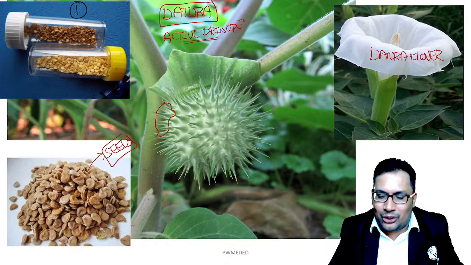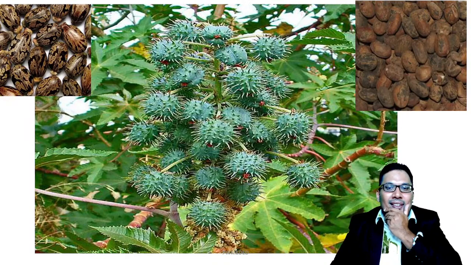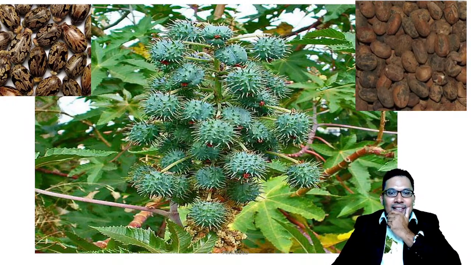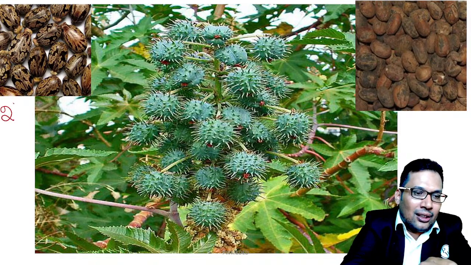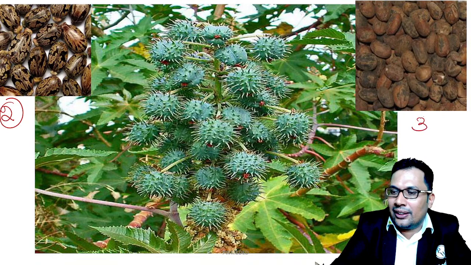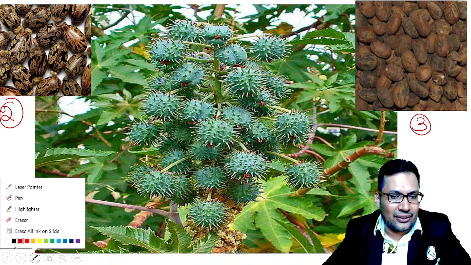Okay, that is about the first one. Second, let's see now who is going to answer. So this is the second one, and this is the third one. Now let's see who is going to answer this.